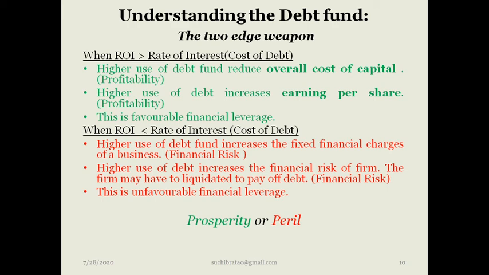So on one side there is prosperity, when debt fund is able to increase earning per share. On the other side, if the debt fund is reducing the earning per share or increasing the overall cost of capital of the organization, that is a situation of inviting peril for the business firm.